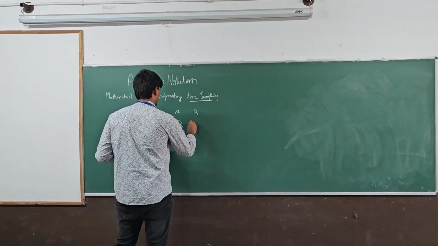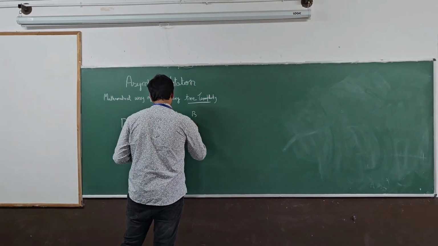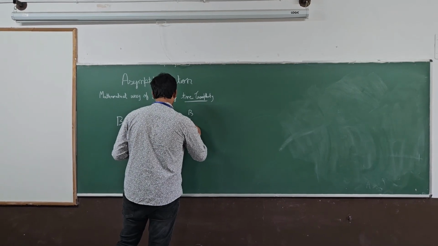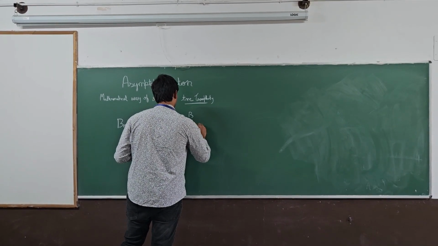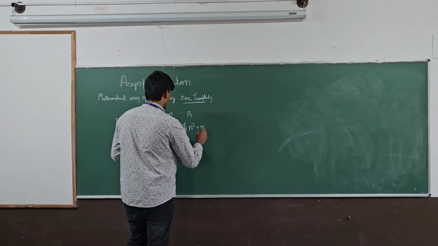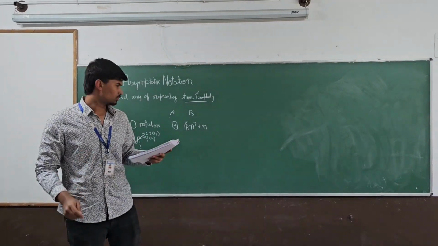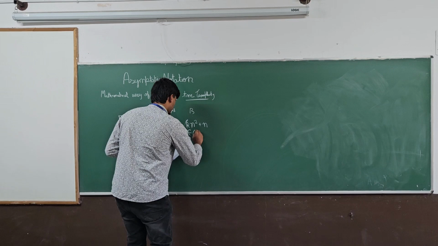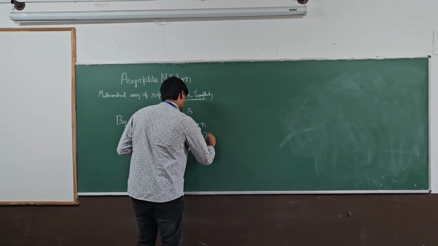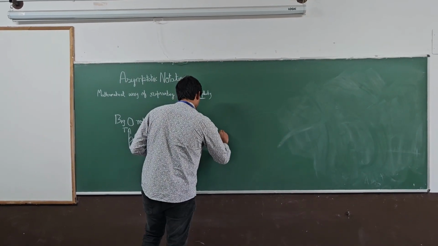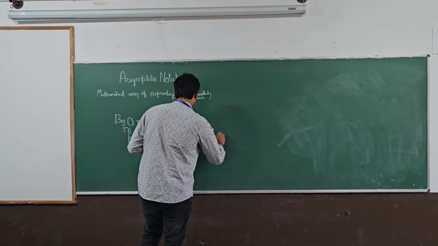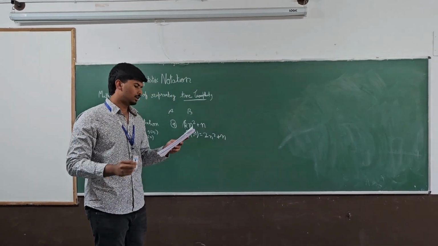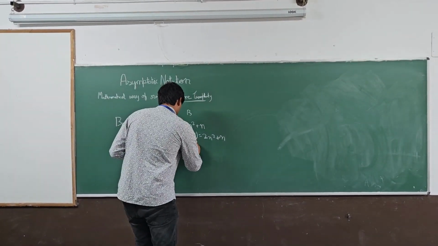For example, 2n square is the time taken to complete one algorithm. It can be represented as f of n is equal to 2n square plus n.